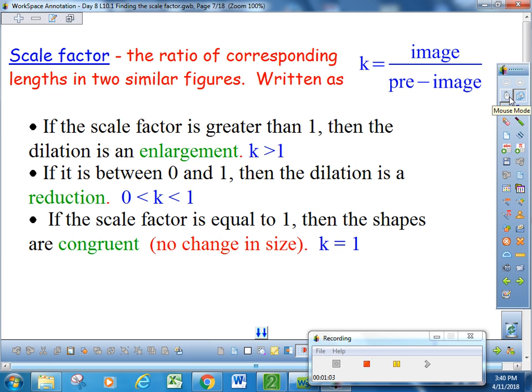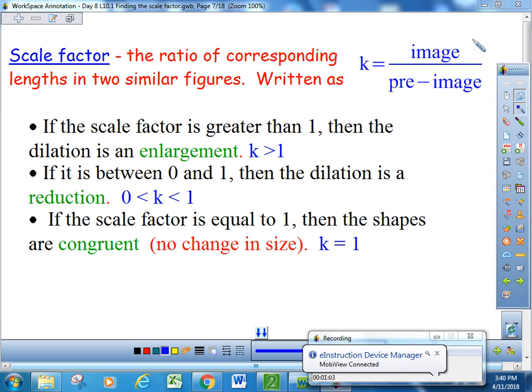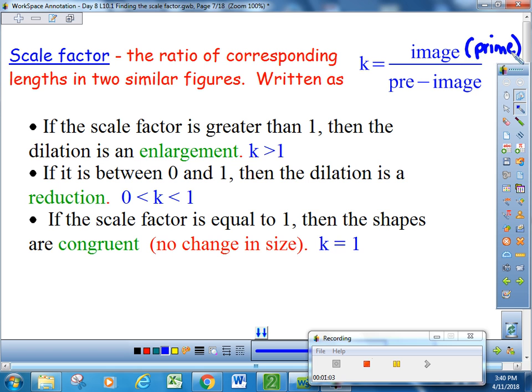And remember, the image side length is the prime letters. So you're going to label it with the prime letters, and then the corresponding numbers for that side length.